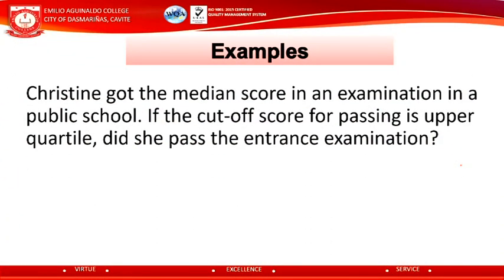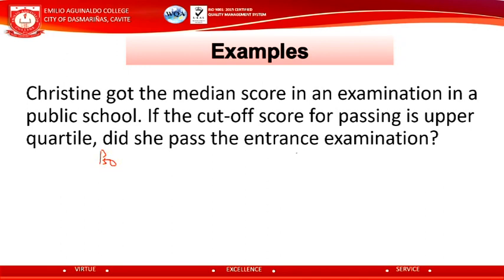Next example, Christine got the median score in the examination in the public school. If the cutoff score for passing is the upper quartile, did she pass the entrance examination? So, madali lang to, no? Just transpose the second quartile and the third quartile. Since the median score is just equivalent to the second quartile, we all know that this is just equal to the 50th percentile.